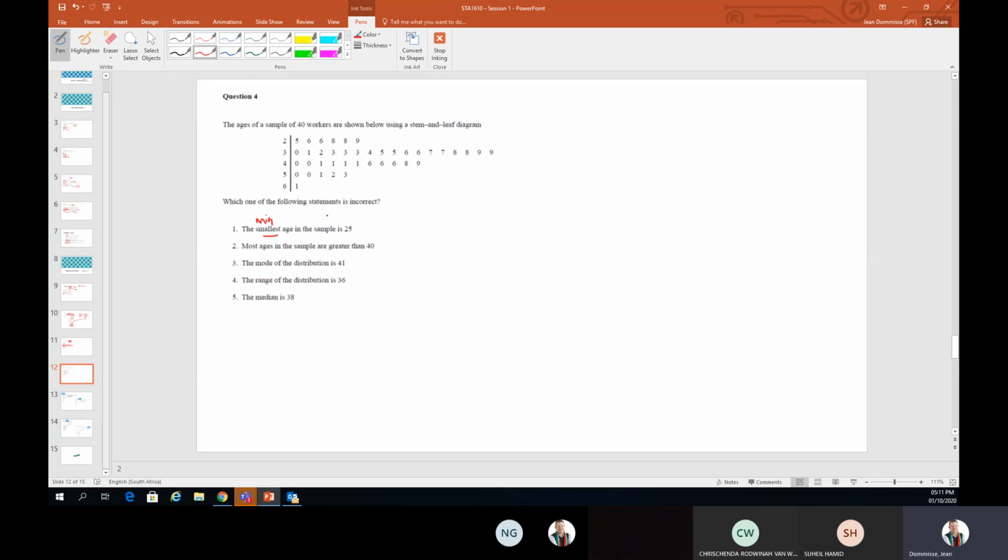So how I look at this always is to say, okay, what is my minimum? 25. So there was the question on 25, so that is correct. We are looking for incorrect. What is my maximum? It's 61, nothing on maximum, but that's fine.